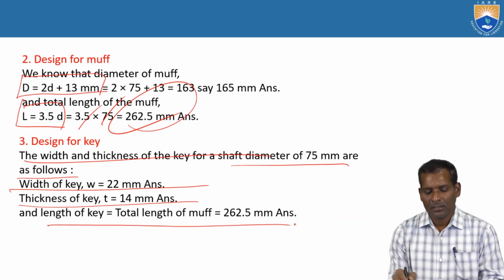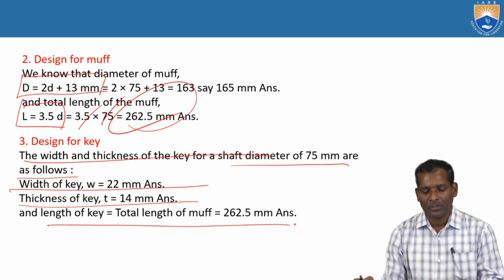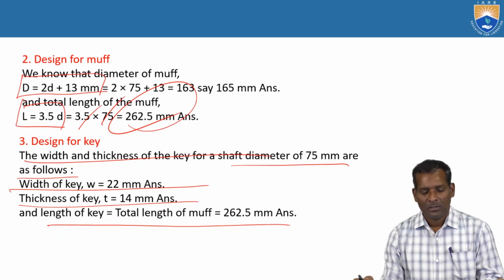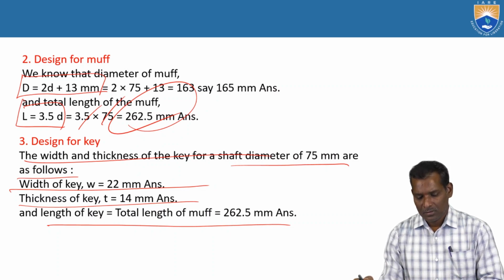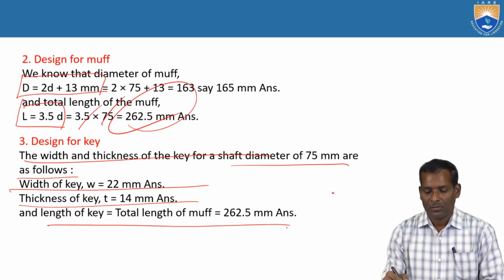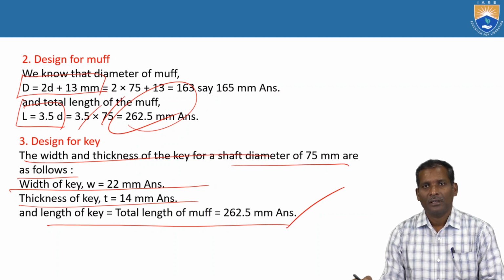The length of the key is equal to the total length of the muff. So the obtained values are 262.5, 22 and 14 respectively: the length of the muff, and the width and thickness of the key.